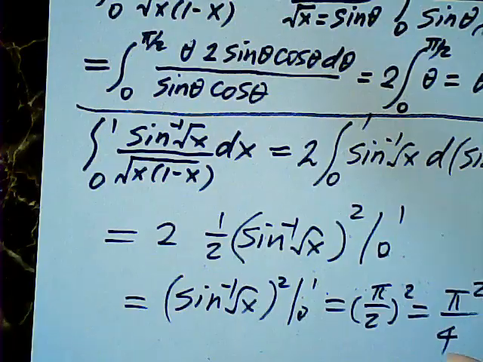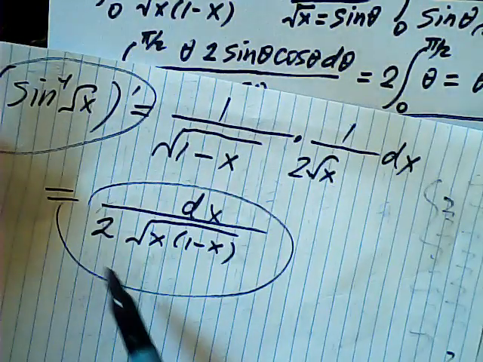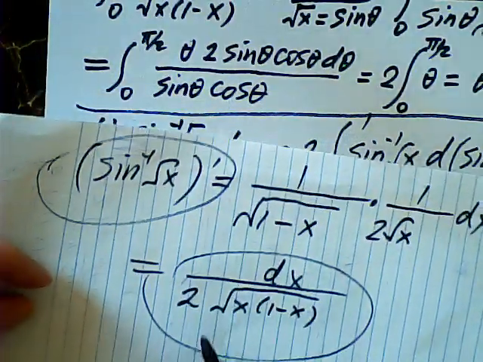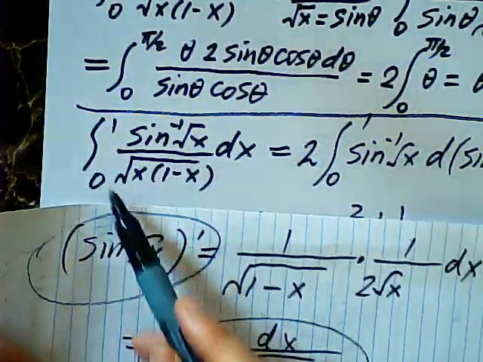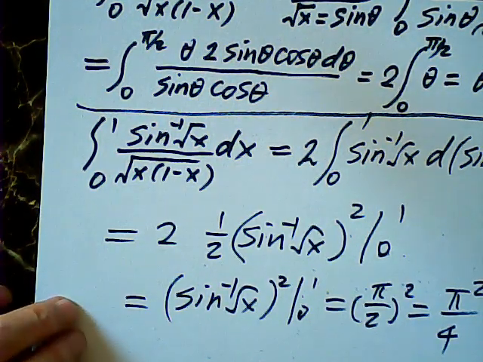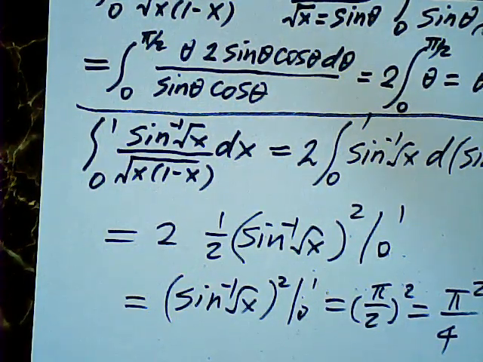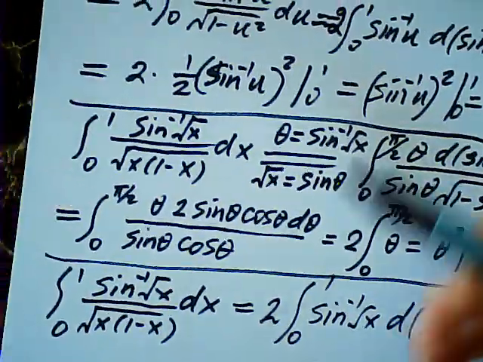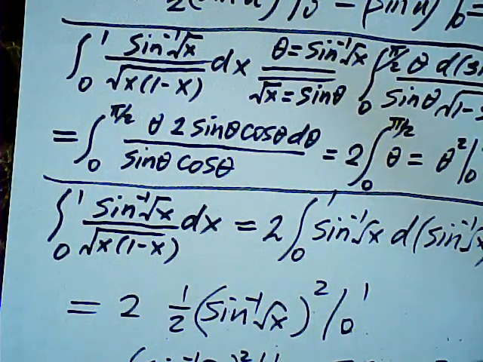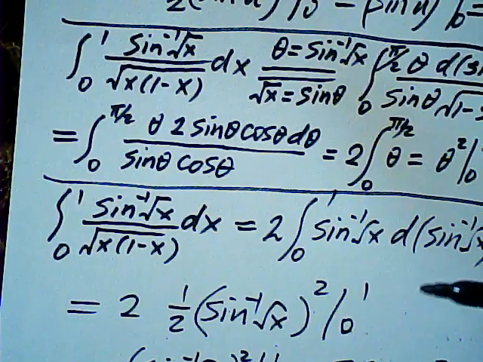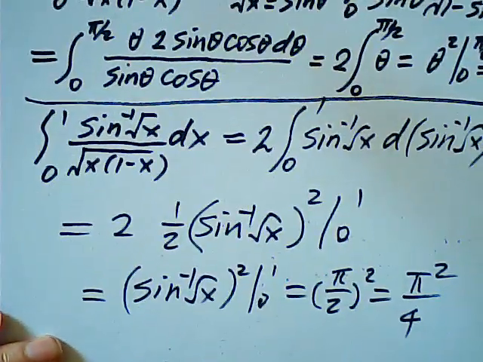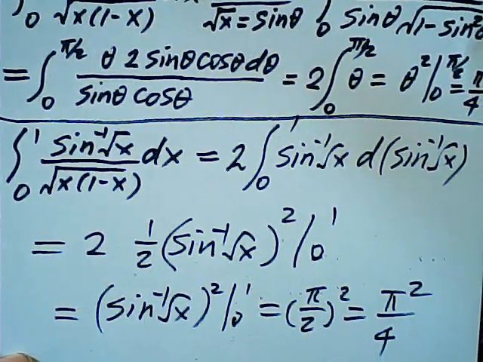If you see this derivative is equal to this, then after multiplying by 2, you have the original integral. Okay, they're easy integrals, but the methods will make your techniques much better when you deal with calculus. Thank you.